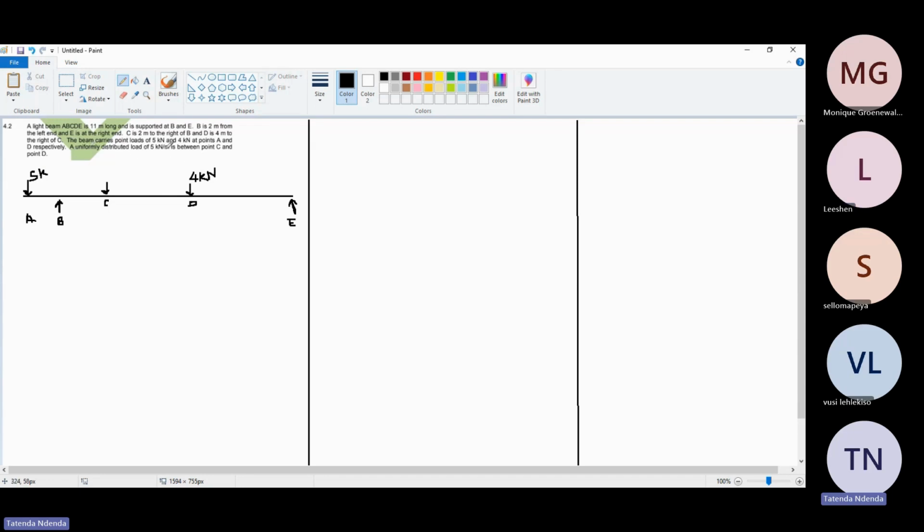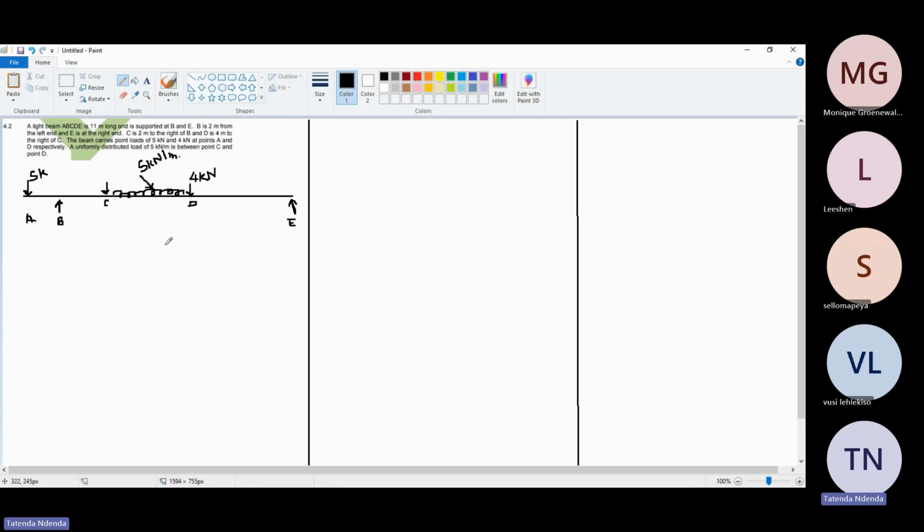The uniformly distributed load of 5 kilonewtons per meter is between point C and point D. So here we have a distributed load like this, which is going to be 5 kilonewtons per meter.